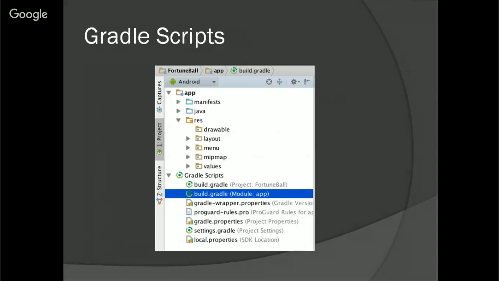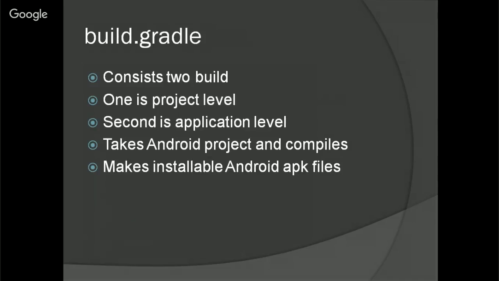When you start your Android application project, you'll be able to know that these two files which have the same name will have different functionalities. If you move forward and look at the build.gradle, you can see that build script has two different levels of the build Gradle file: one is project level and the other is application level.